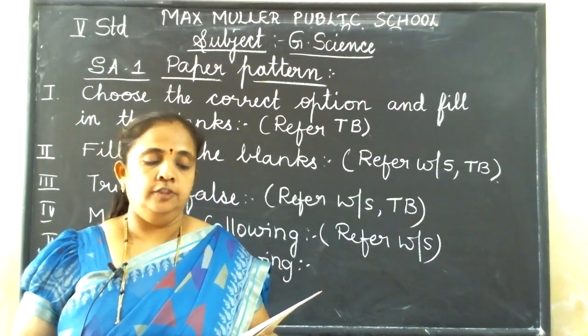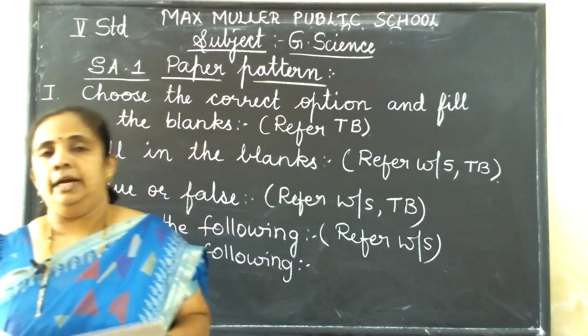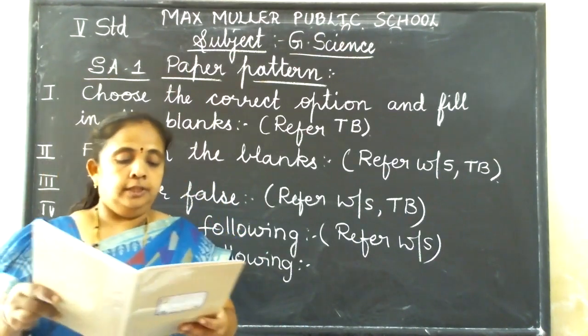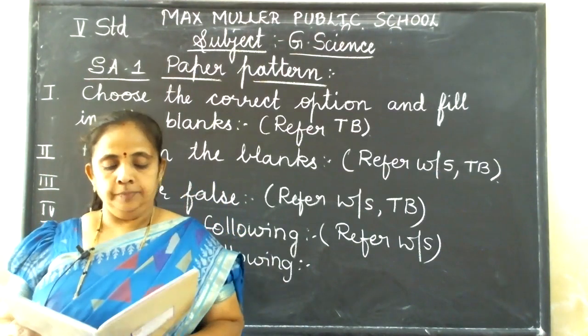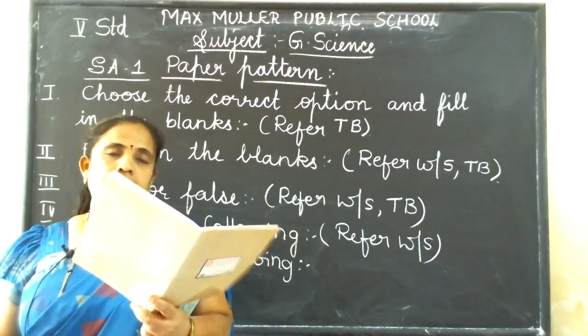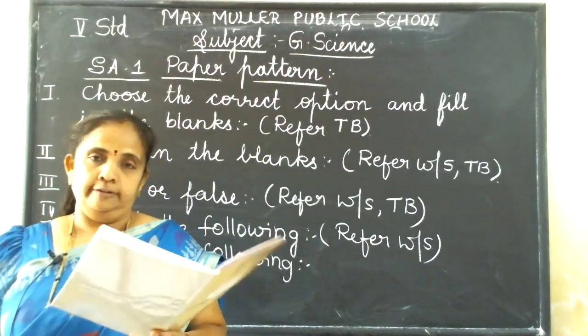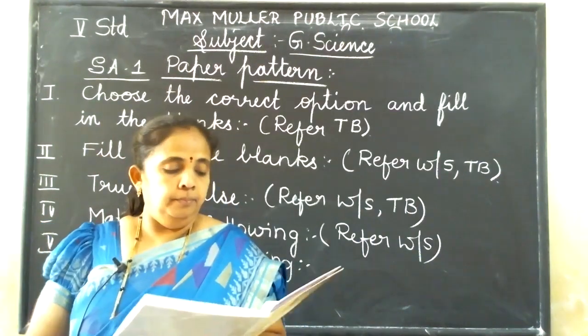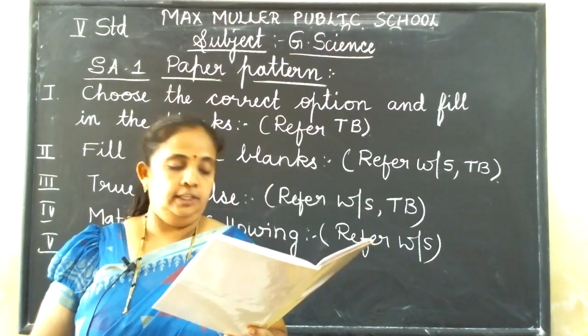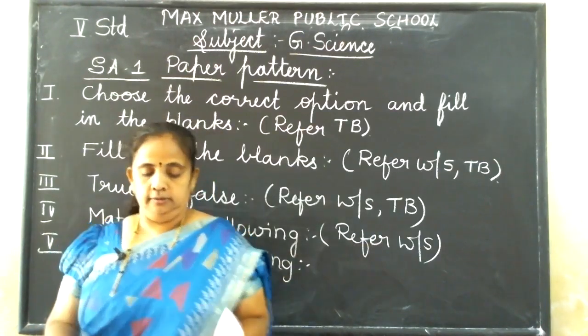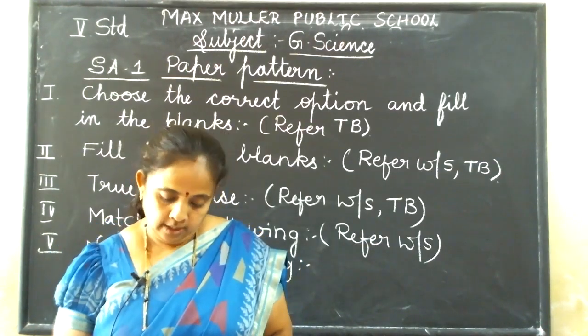The scattering of seeds away from their parent plant: dispersal. The pointed tearing teeth in carnivores: canines. The process of cutting and collecting the mature crop: harvesting. Periodic mass movement of animals in response to seasonal changes: migration. This is July.